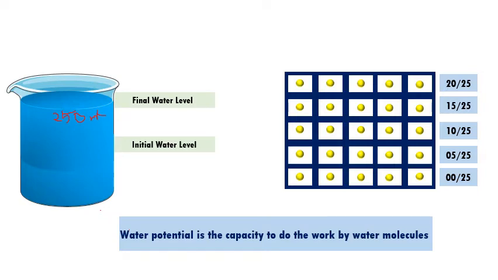As we know, whatever we have listed in our biological properties, water acts as a mediator for reactions, as a reactant for biochemical reactions, as a solvent for chemical reactions, and as a medium for reactions. All those properties and significances we have listed come under work, because to attain those capacities it should be able to do those activities, and that is called water potential in the simplest manner.